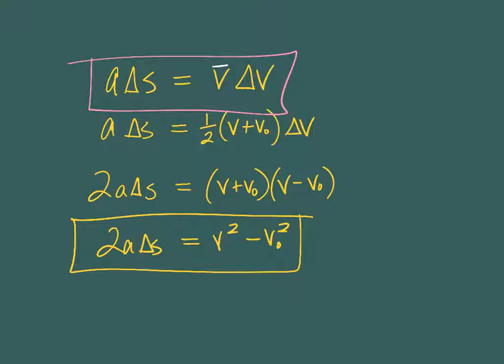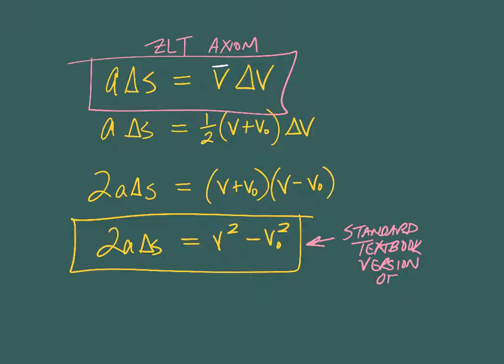So this right here is the Zeroth Law theorem axiom. And this right here is your standard textbook version of the ZLT axiom, except the way that that axiom is built.